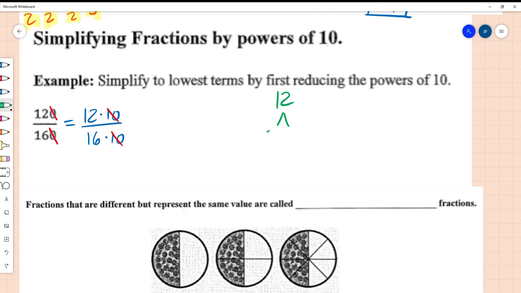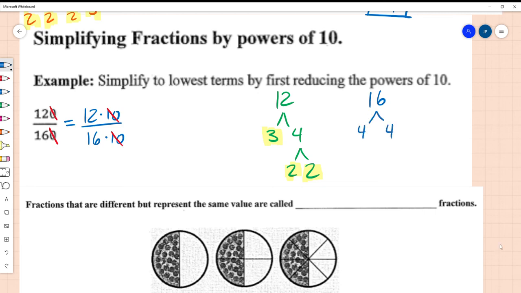So 12 is what? 3 times 4. 4 is 2 times 2. So 12 is 3 times 2 times 2. And then 16 is 4 times 4.